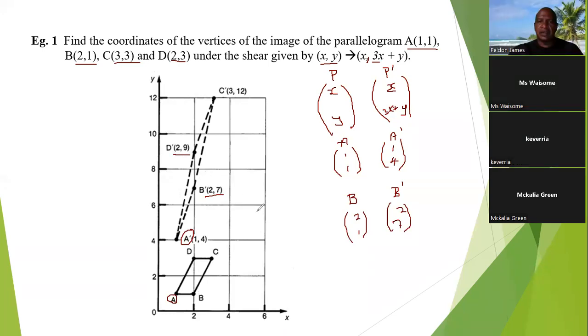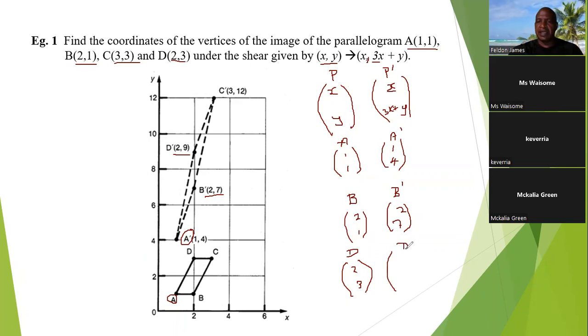So this is your pre-image for D. So D is what? 2 and 3. And so this is D. And if that is D, then D dash can be what?